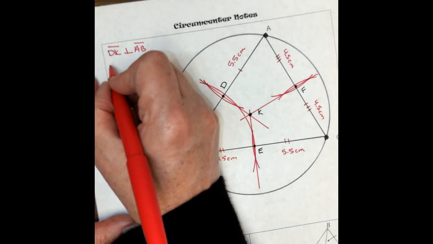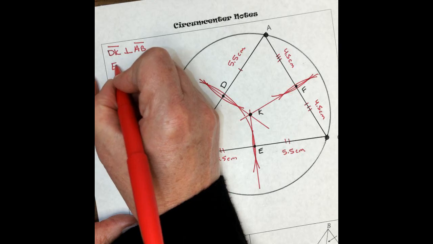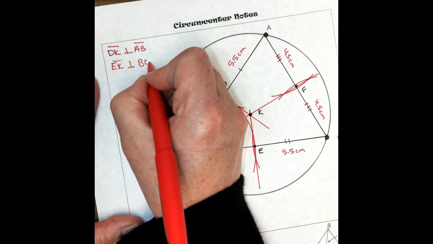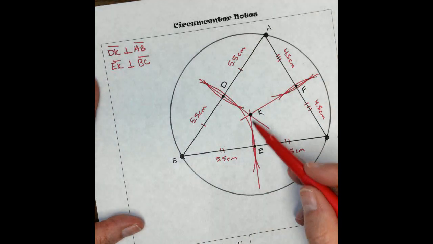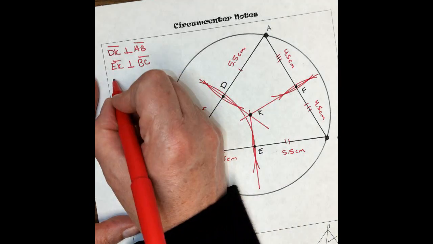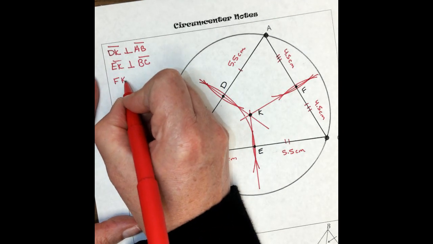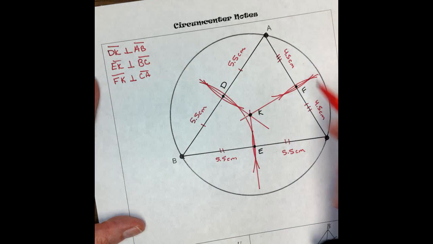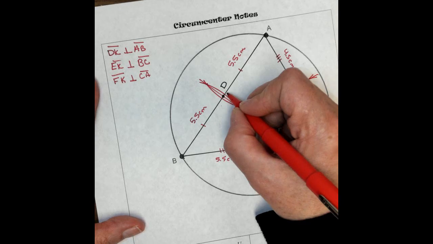Then I've got segment EK is perpendicular to segment BC. So that's this one right here. And then I've got FK is perpendicular to segment CA, which is this one right here. So these are perpendicular bisectors.